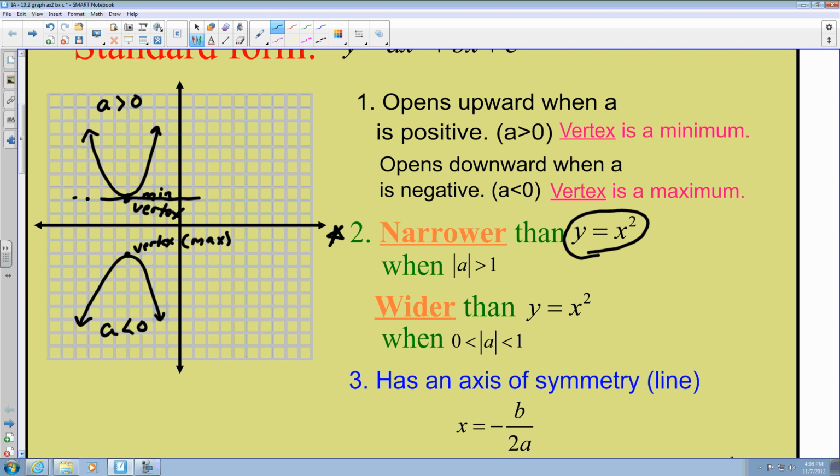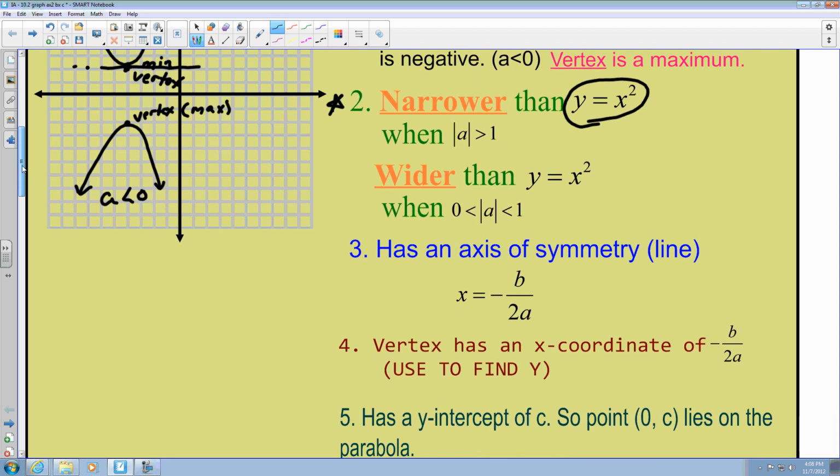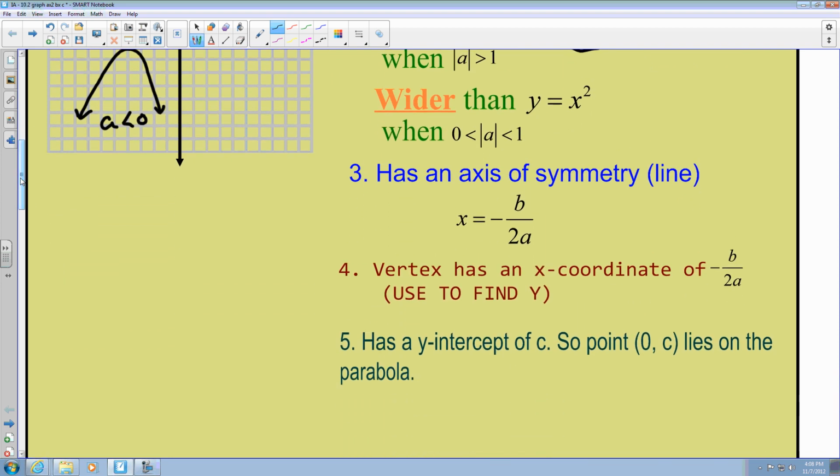So today we will be paying more attention to these 3 steps. There are 3 things that we are trying to look for when we are trying to graph a quadratic equation with the standard form y equals ax squared plus bx plus c.